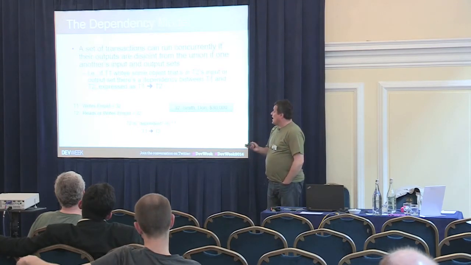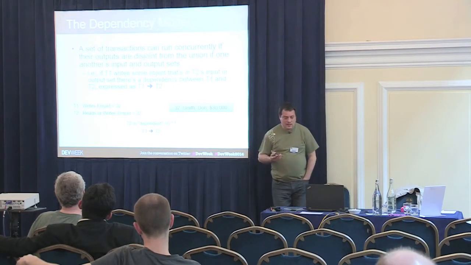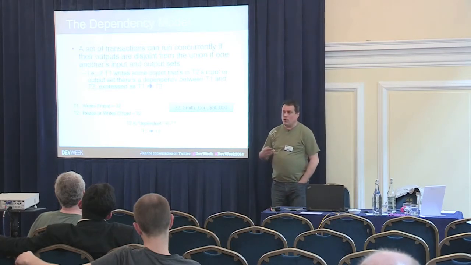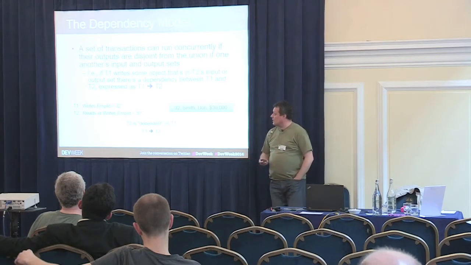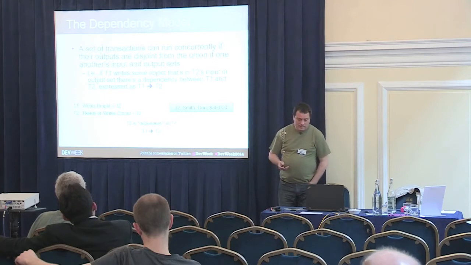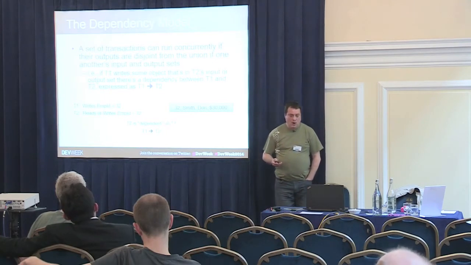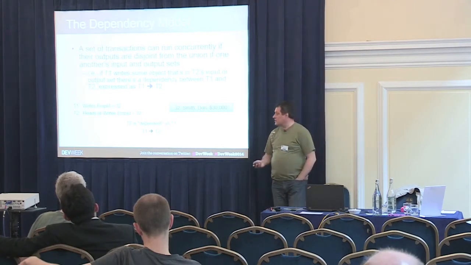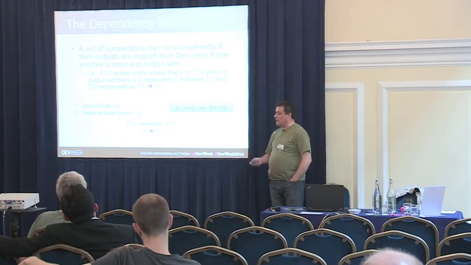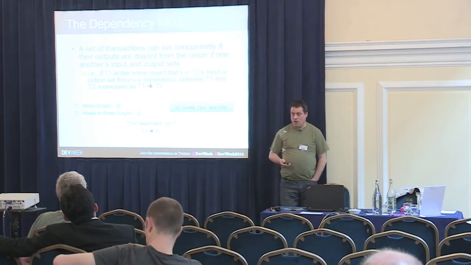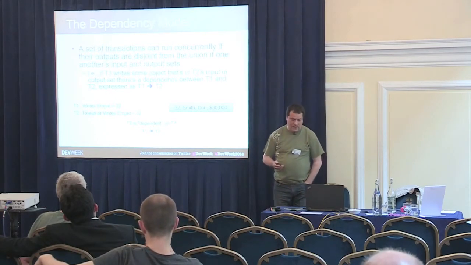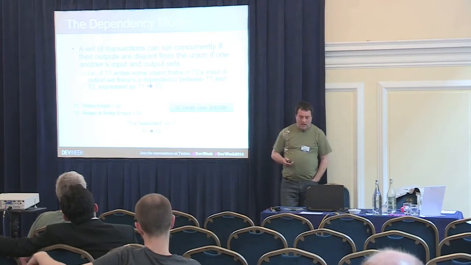Transactions can run concurrently if their outputs are disjoint from the union of the input sets. If T1 writes some object that's in the T2 input or output set, there is a dependency between T1 and T2, expressed as T1 implies T2. We read this from right to left and say T2 is dependent on T1.